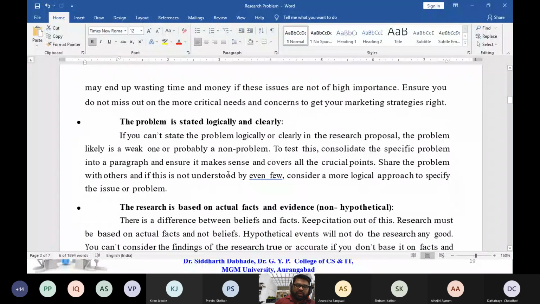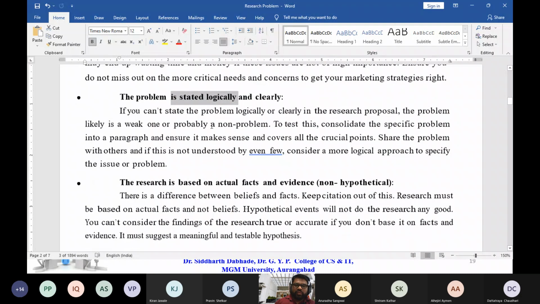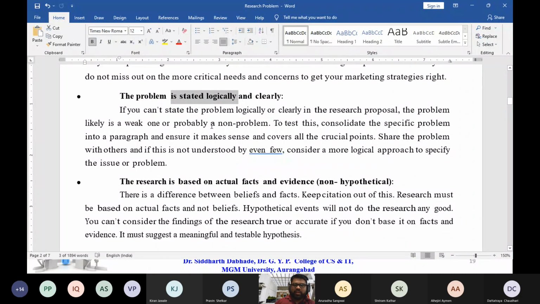Whenever you define your research problem, that research problem should be logically clear, right? You should be able to show what your problem is and how it is going to be solved in future.